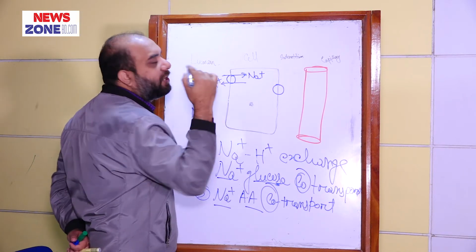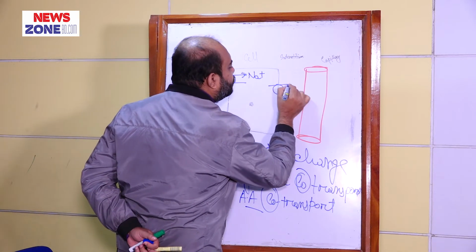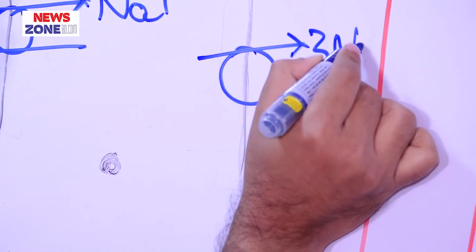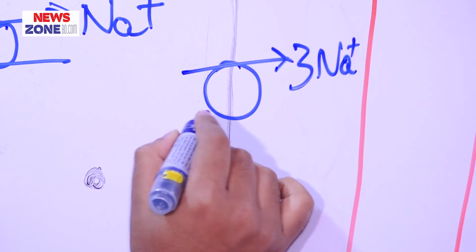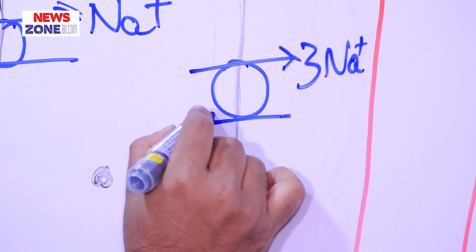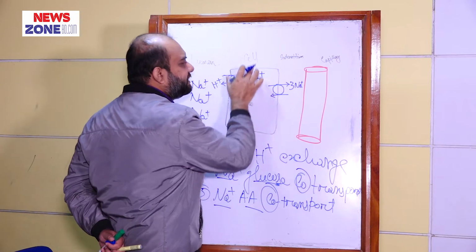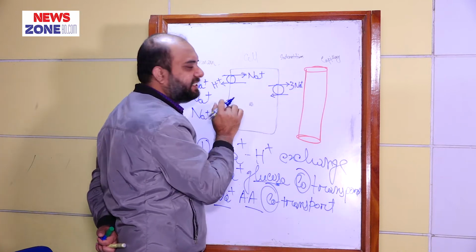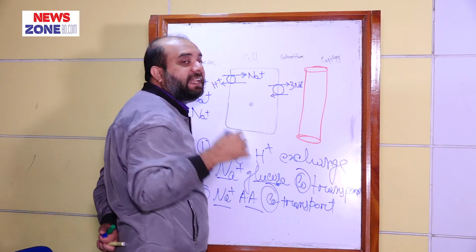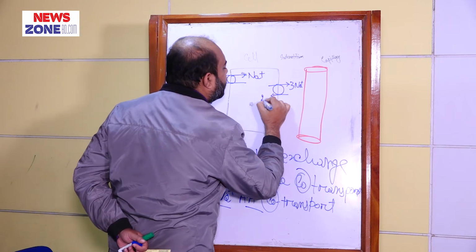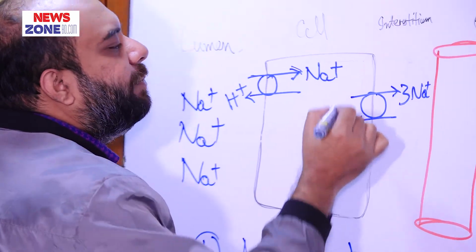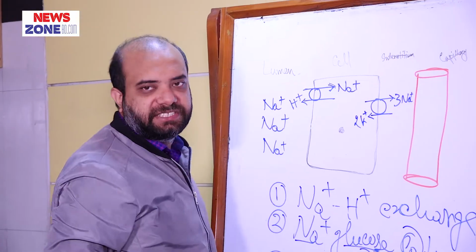And what will happen here? 3 sodium ions will be moved from the cell into the interstitium, and in exchange 2 potassium ions will be moved from the interstitium into the cells.